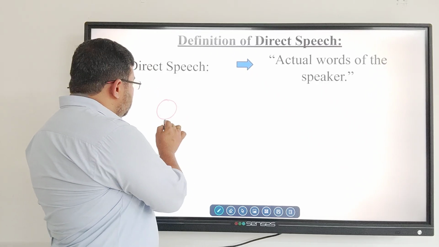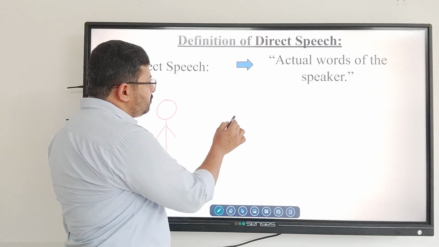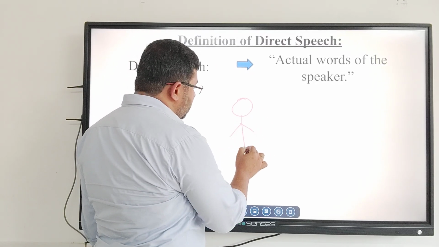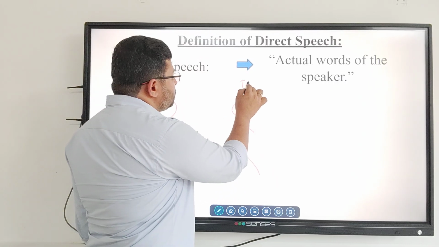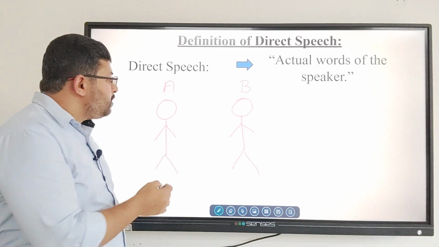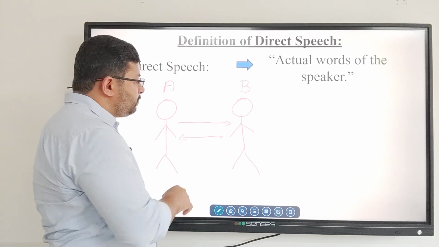two people are standing and talking. My drawing is so poor, so don't take it as a serious drawing. This is just for understanding. Two people, person A and person B. Both of them are talking, and their conversation will be direct speech.